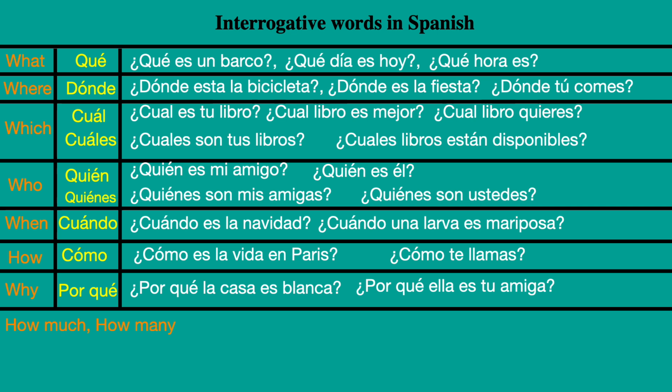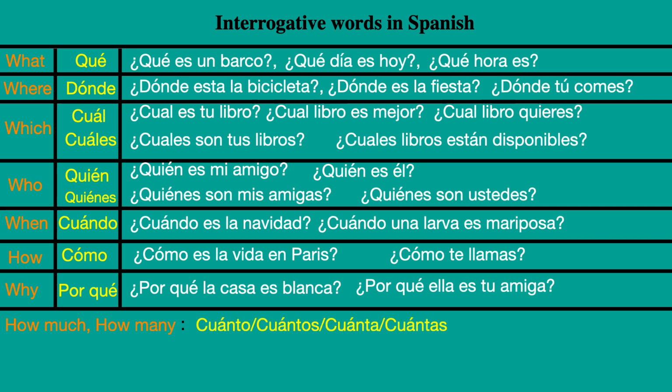So here we have now an extra question, and that would be the how much and how many. So actually that would be also as another question word as well, but as you can see, we will have here the singular and the plural, and you will use how much and how many.